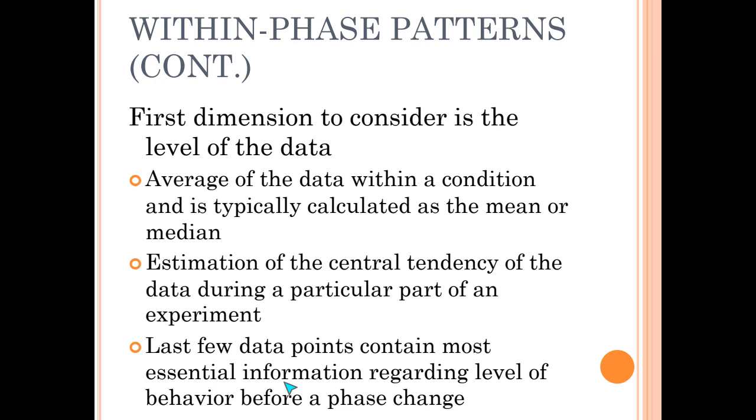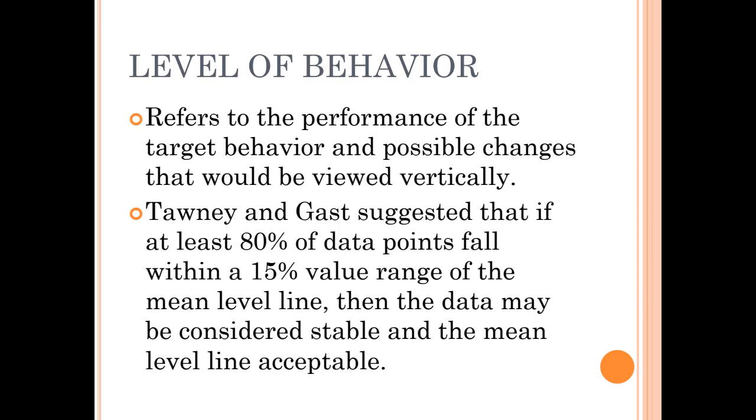So, in other words, level of behavior, again, we're looking at performance of the target behavior and possible changes that we can see going up and down vertically. Tony and Gerst suggested that if at least 80% of data points are around the 50% value range of the mean level line, then we would call the data stable, and we would call the mean level line acceptable.